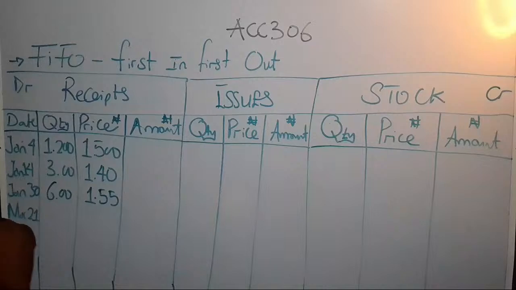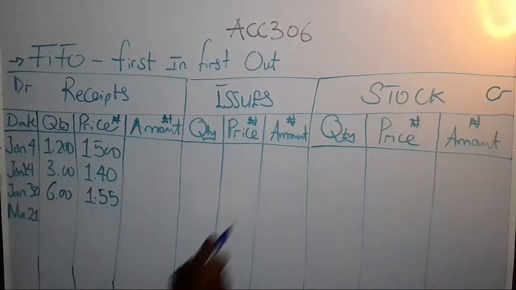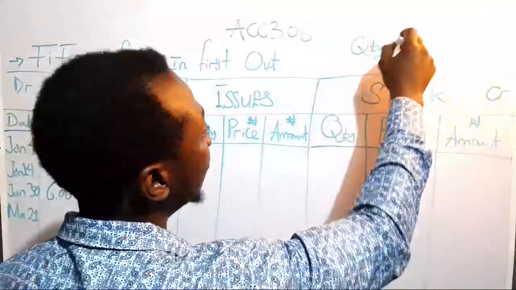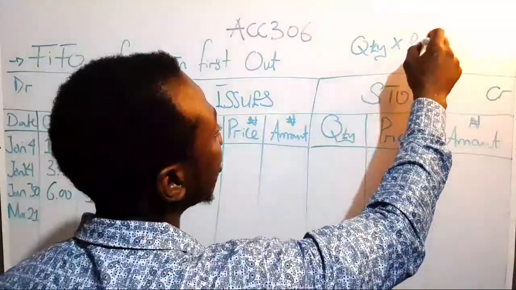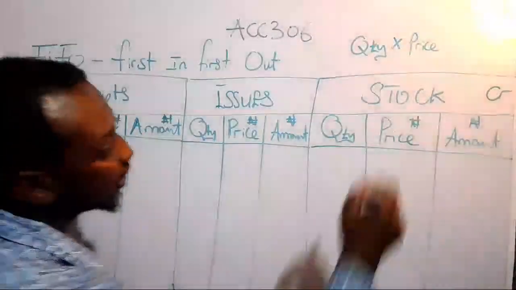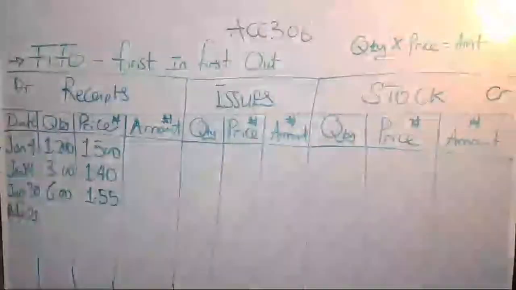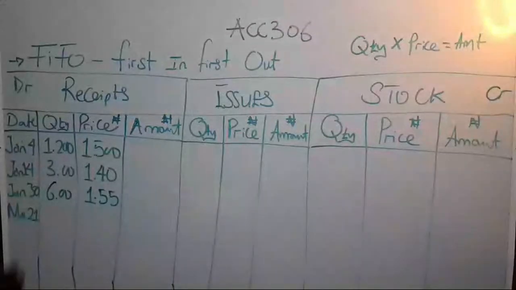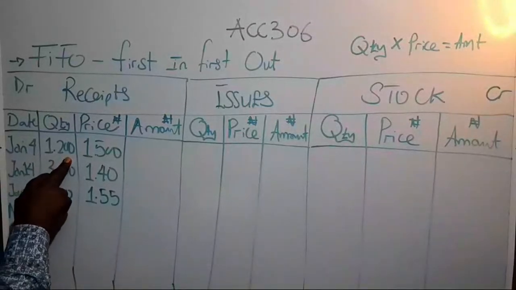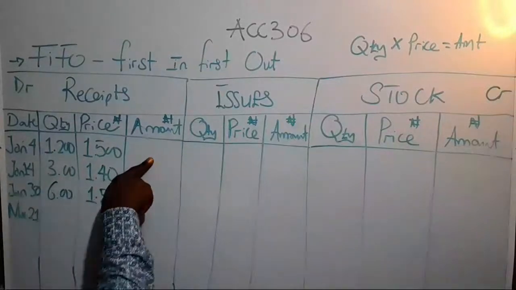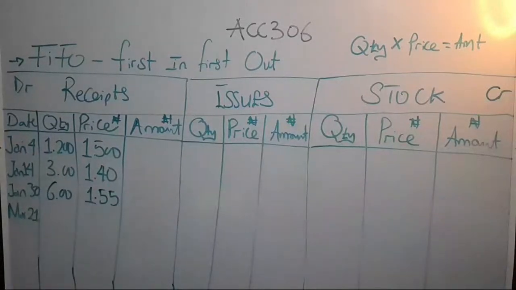What do you need to do? It is quantity multiplied by the price. You are going to get the amount. So it is 1,200 multiplied by 1,500 gives you the amount, and the same goes like that.